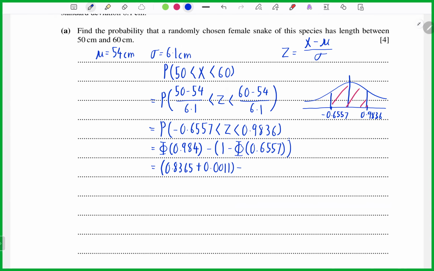Okay, and then minus 1 is 4 is 6. Okay, so I try to write out 1 minus.